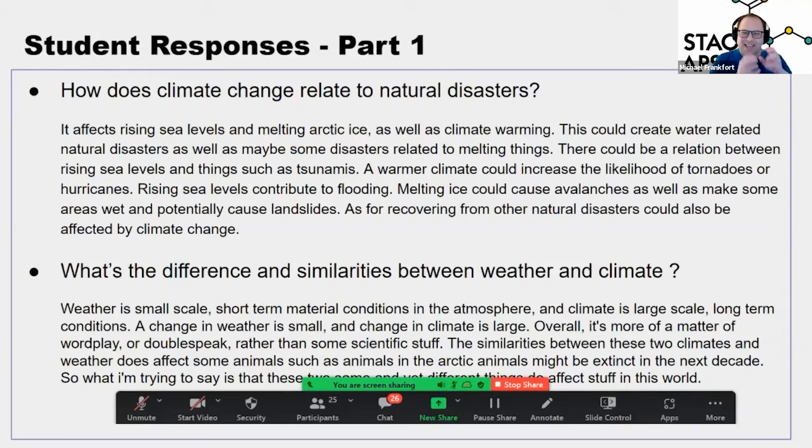I've kind of edited them together a little bit, but if you notice on this one, the first one talking about climate change relating to natural disasters, there's conversation about melting ice caps, relation between rising sea levels and tsunamis, talking about tornadoes and hurricanes, melting ice causing avalanches, as well as landslides, and sort of a conversation of, does climate change have an effect?